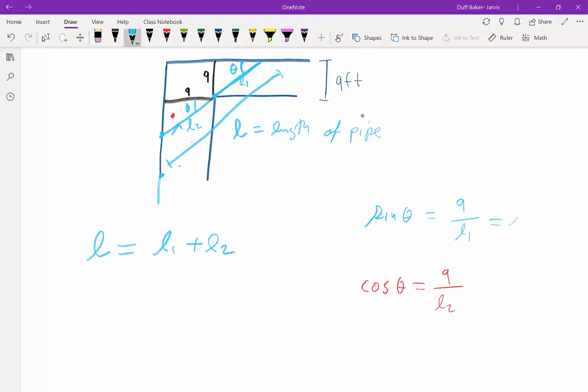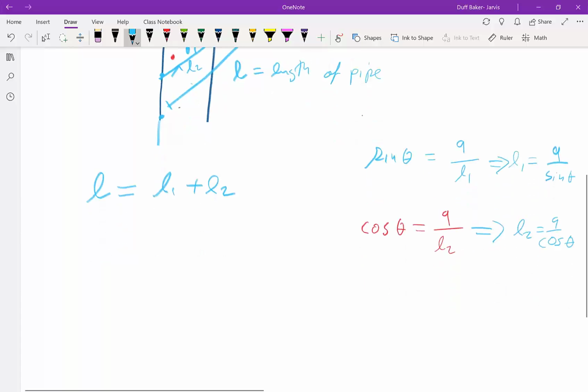So this tells you that L1 is really, sorry, 9 over sine theta. This one tells you that L2 is 9 over cosine theta. So you can throw these into an equation where now you just have one variable.